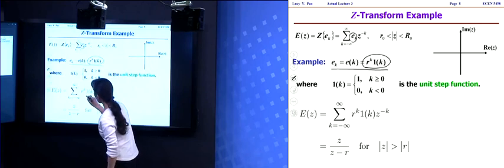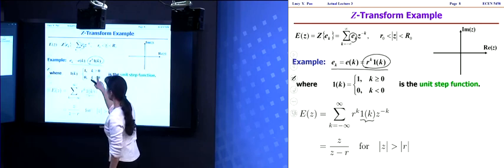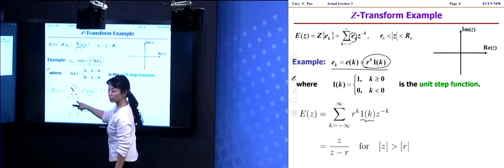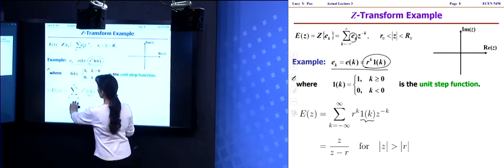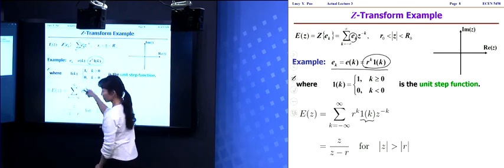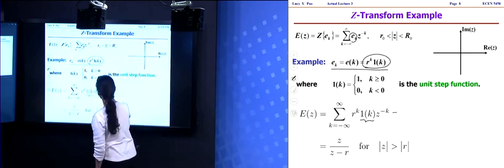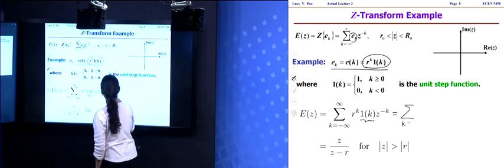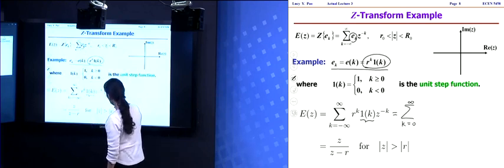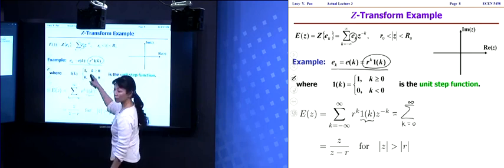Now, since this is causal, 1 of k is 0 for all k negative. So that means that for all k negative, this is 0. So we can simplify the sum down to the sum over k from 0 to infinity. And then for k from 0 to infinity, 1 of k is always equal to 1.